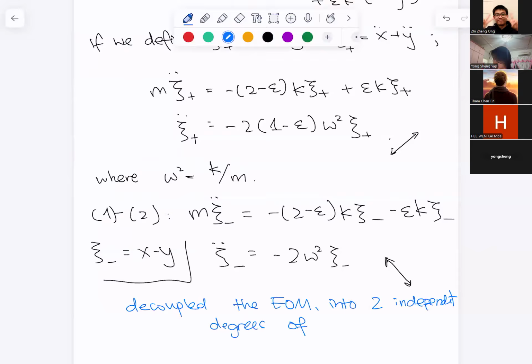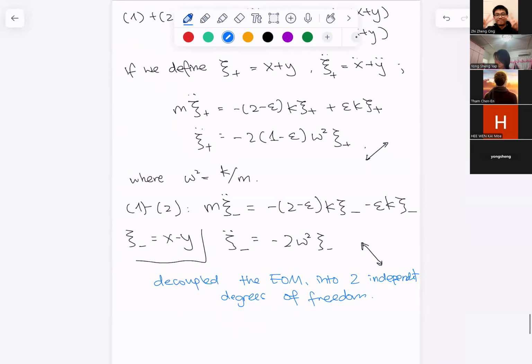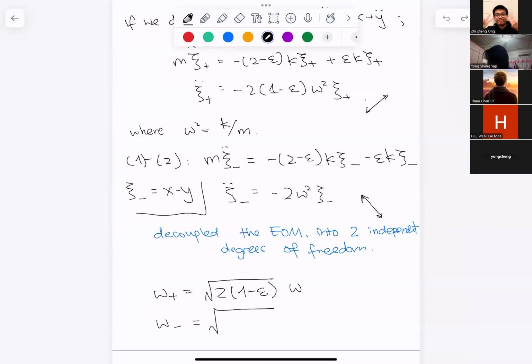And something other to note is that this is a very neat system, as in what you can see is that for C plus and C minus, they have different oscillating frequencies. The oscillating frequency for the first one is equal to square root of 2 times 1 minus epsilon, times omega, while the second one is, sorry, it's just square root of 2 omega.